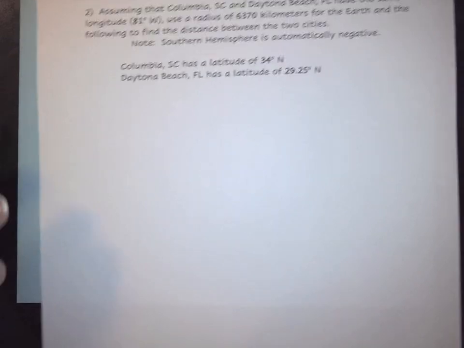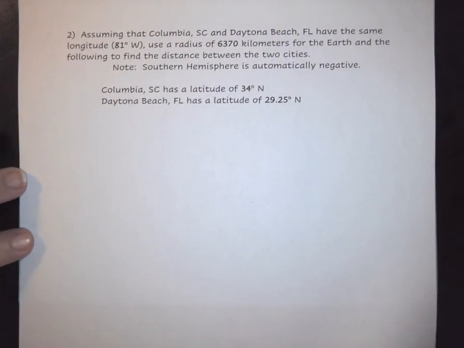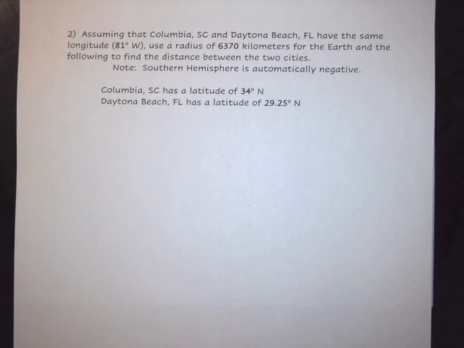Alright, the last type of equation you may see when dealing with arc length is one that deals with distance. So here we have, assuming that Columbia, South Carolina and Daytona Beach, Florida have the same longitude of 81 degrees west, we want to use a radius of 6,370 kilometers for the Earth and the following to find the distance between the two cities.